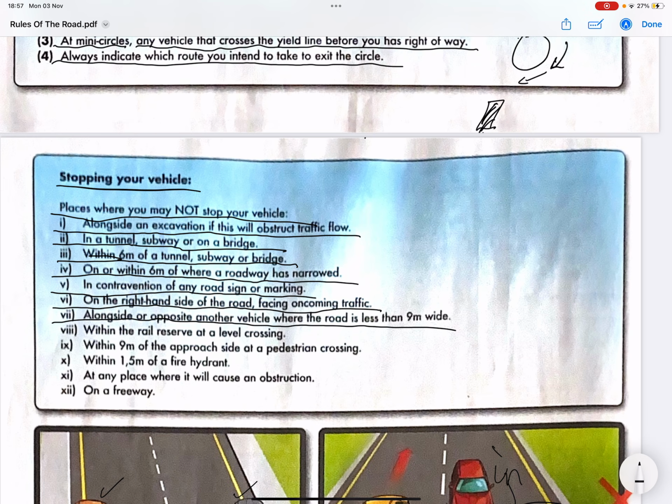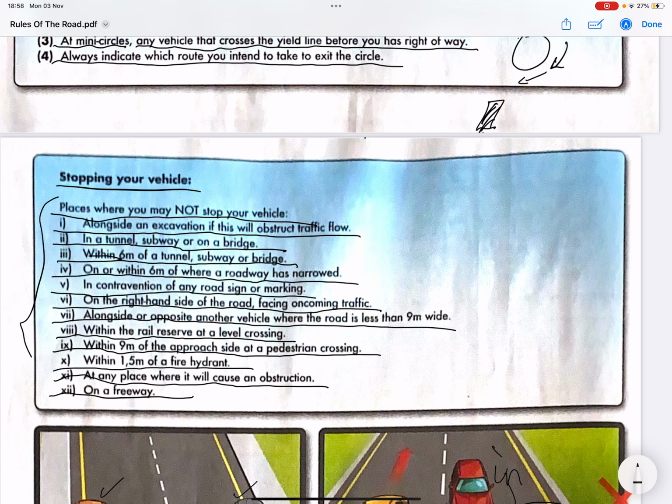You're also not allowed to stop your vehicle within the railway reserve at a level crossing, within 9 meters of the approach side at a pedestrian crossing, within 1.5 meters of a fire hydrant, at any place where it will cause an obstruction, and lastly, on a freeway.